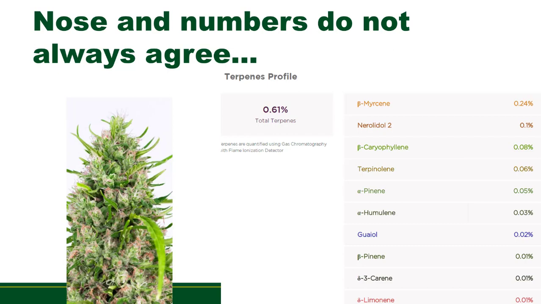Whereas with this variety and a couple of others, it might not be as loud as it once was, but it's still there and it still holds on no matter how hot the temperature, no matter the humidity, etc. And so I cannot pinpoint that to one of these terpenes you see on the right, much less pinpoint it to a concentration, but something's there. Something is there to investigate, because it's just interesting and different that it holds on so long.